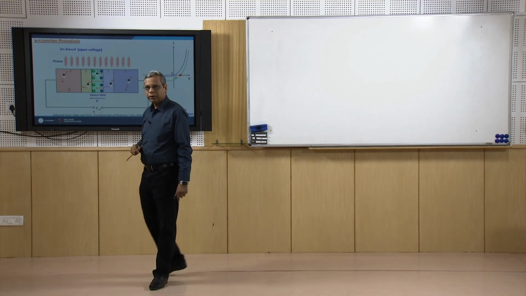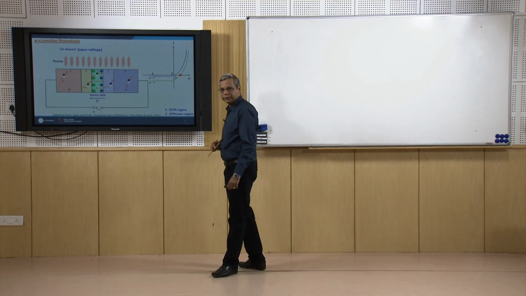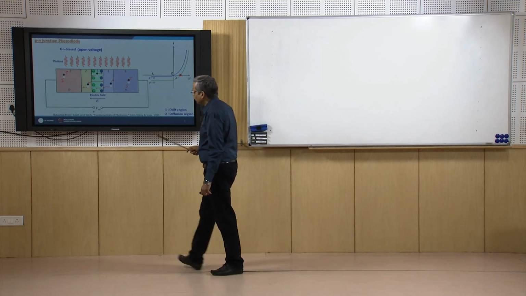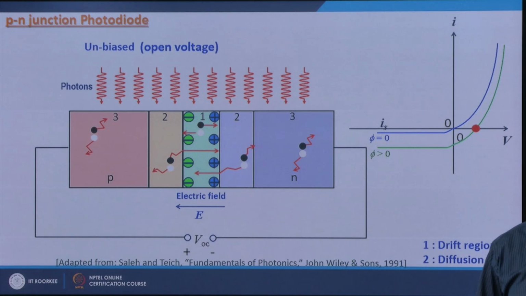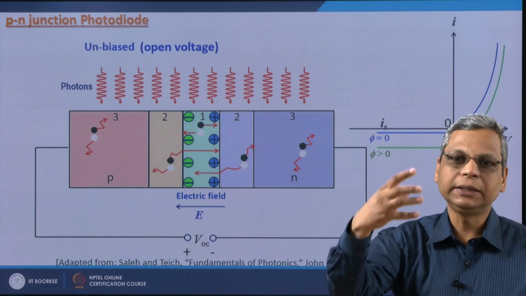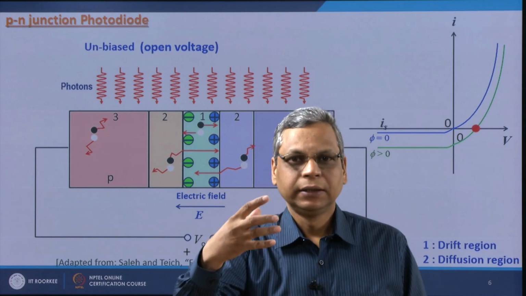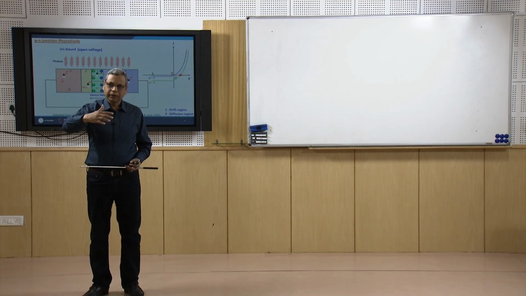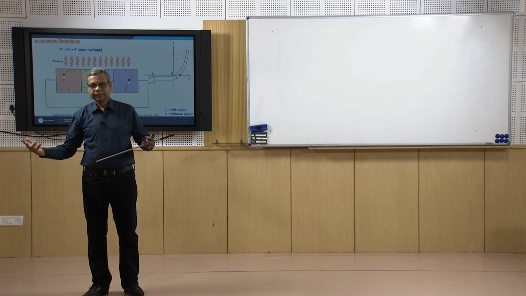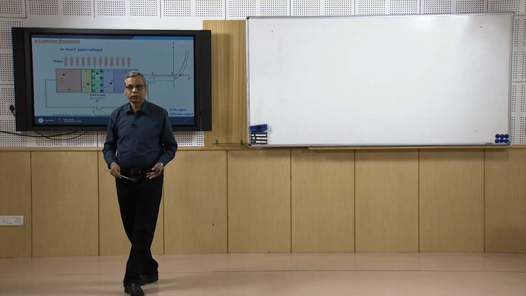Depending upon how much charge has been created, I will have an open circuit voltage. So, it will become a battery. You have a p-n junction semiconductor diode, you incident optical power on it and it becomes a battery. This is nothing but the solar cell.